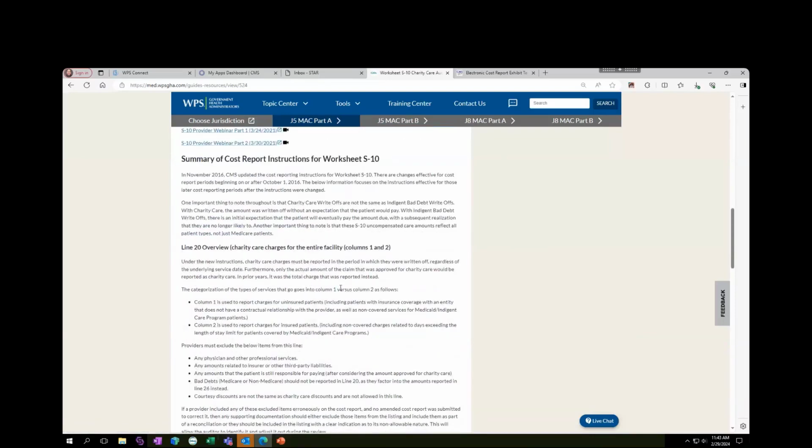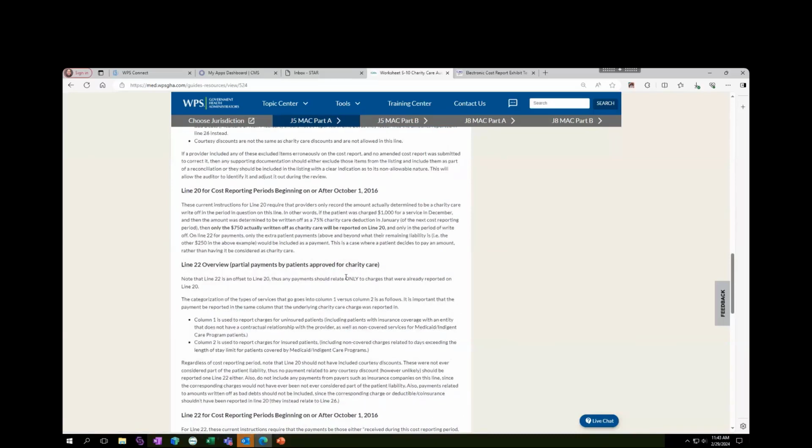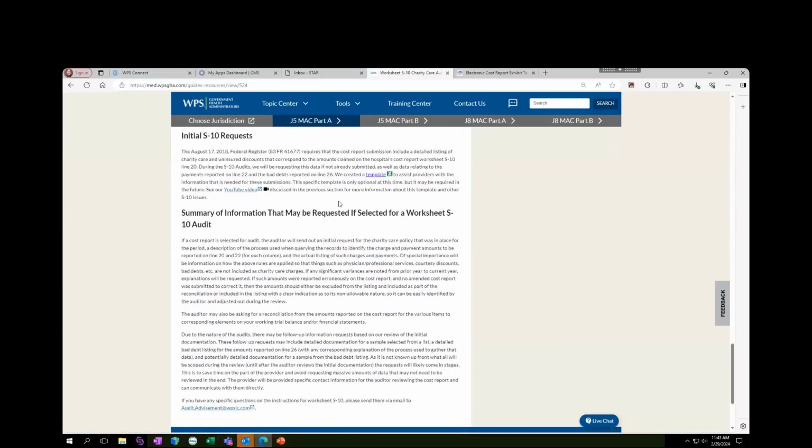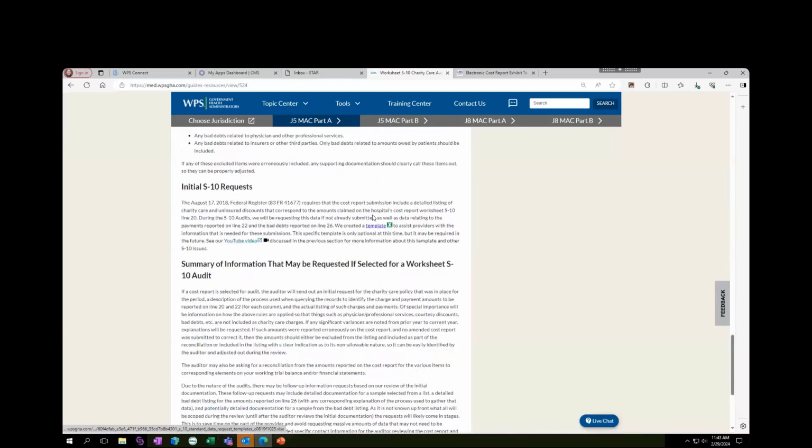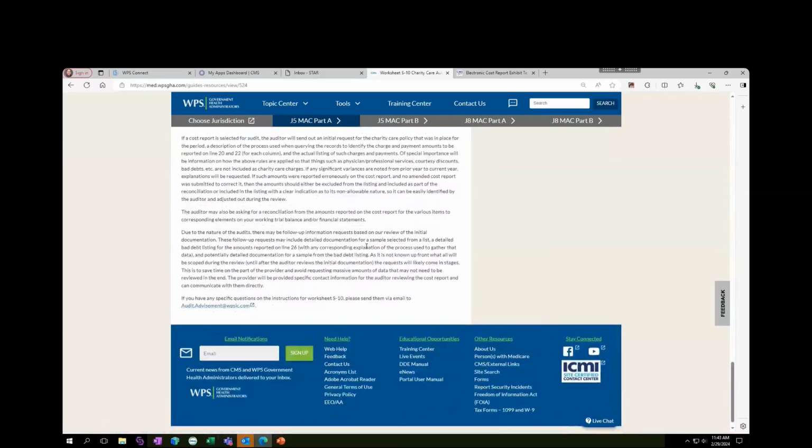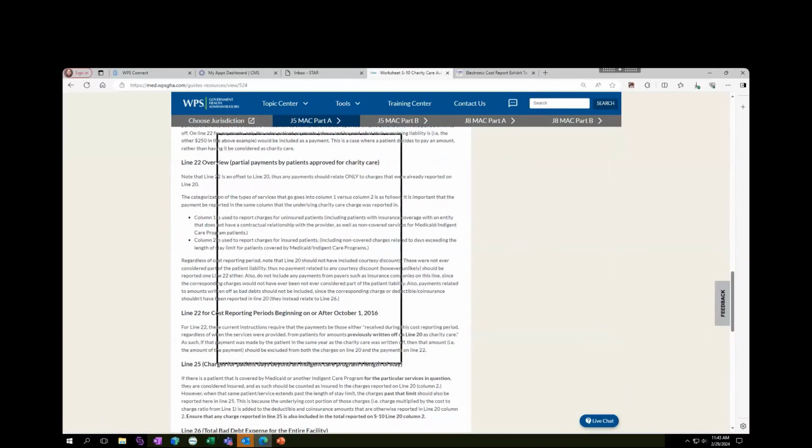And you'll see, again, the breakdown of the various instructions. And here's the template. This is what I was pointing out. This is the template that you should be using for the S-10 audits. And this is actually what we reference in our letters that get sent out. So we have all of that there. That's what I'm trying to get at for that slide.